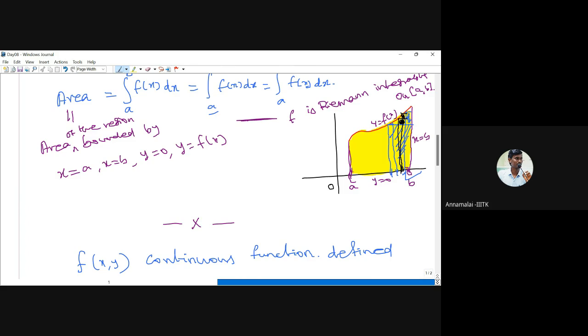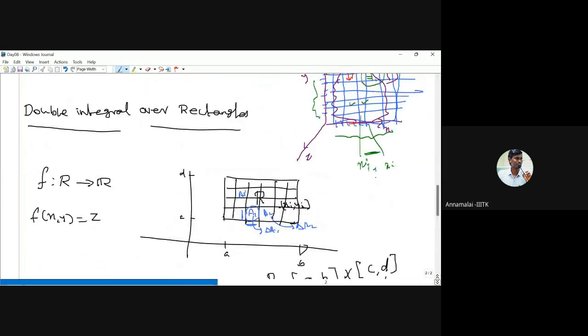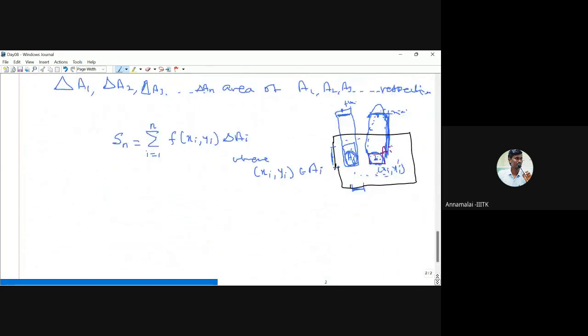So if you choose more points, or the base length is very small, then you can cover the maximum area. That's the same thing here, but here there are two sides, delta x and delta y. If delta x and delta y approach 0, then delta ai is nothing but delta xi times delta yi, the base and height of that small region.